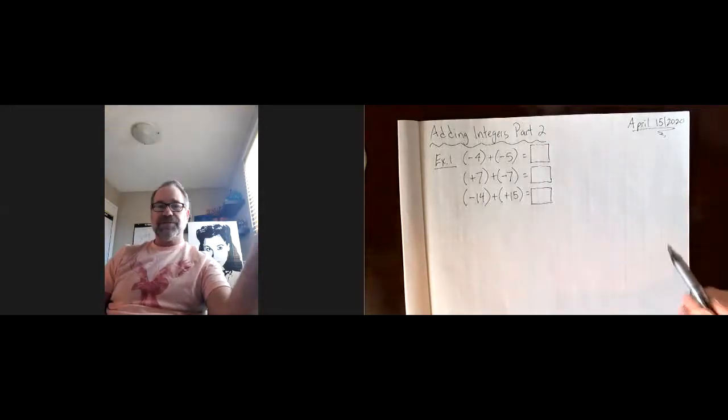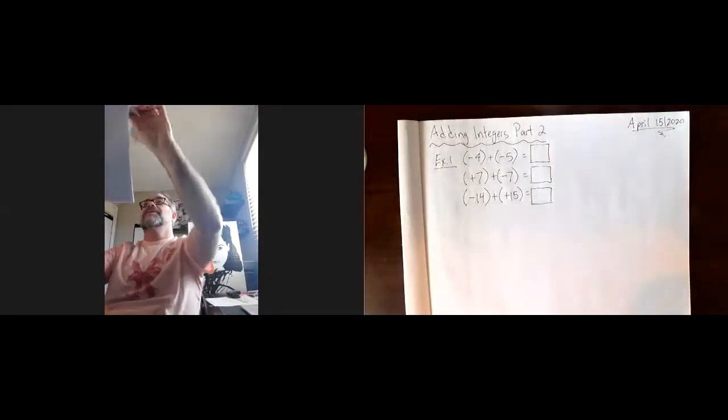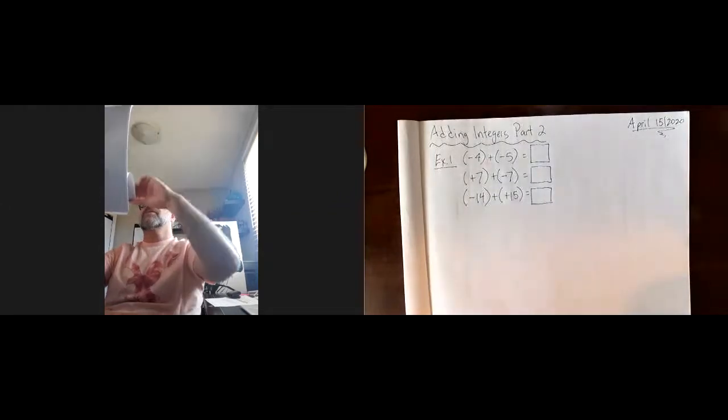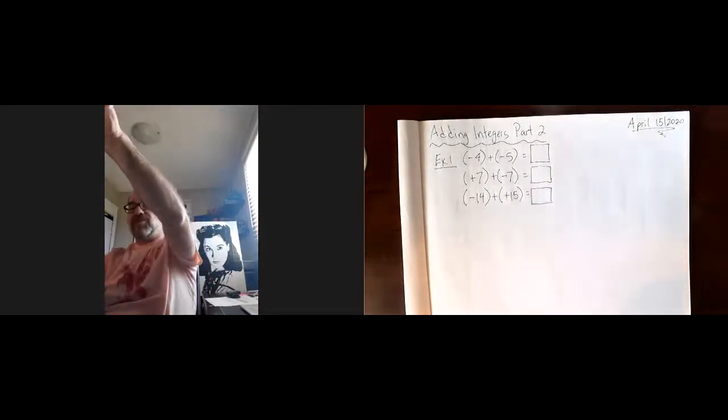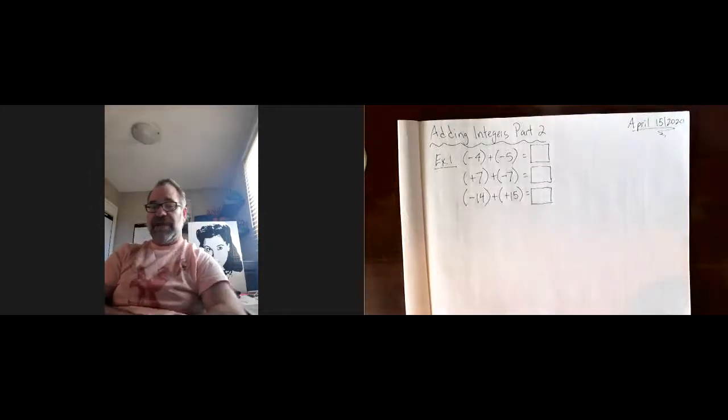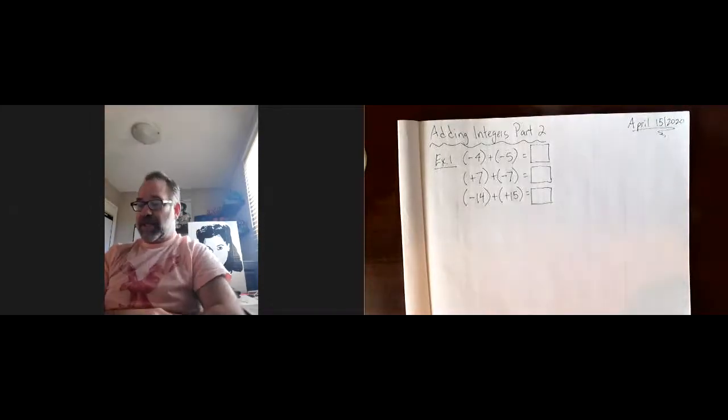Then I'll do a little model for you on the side, and then we'll look at these with a number line model. I have the answer keys here, so I don't want to show you those, but these come from lesson 1.5. Lesson 1.5 will be posted later today. There's a second page to it. It looks a lot like the first one, so make sure you do them both, okay?